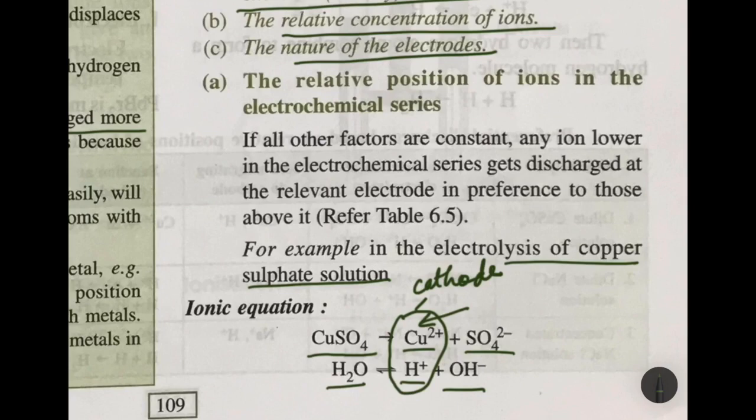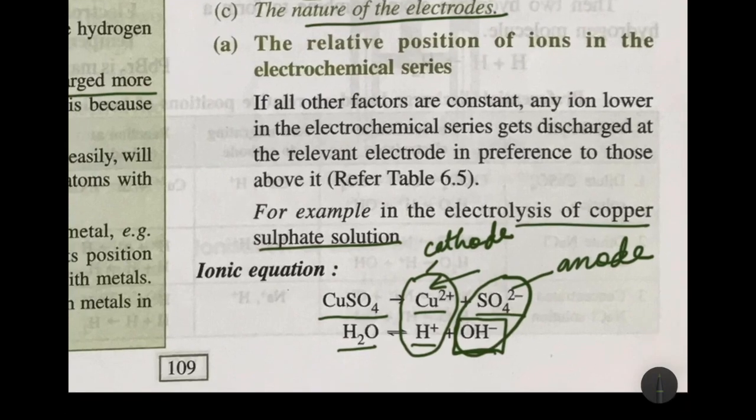And at the anode, again, both sulfate and hydroxyl will migrate towards the anode. But which is lower in the electrochemical series? Hydroxyl is lower in the electrochemical series, so that will be discharged first.